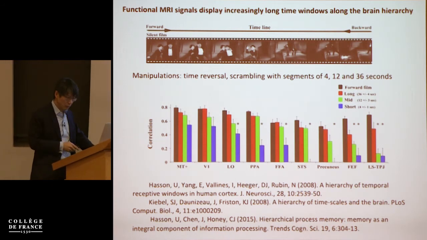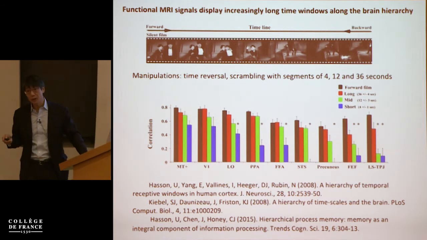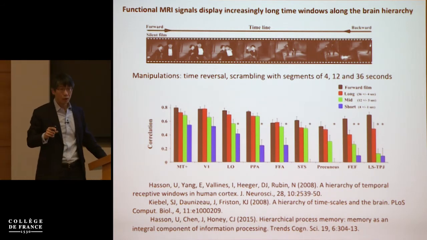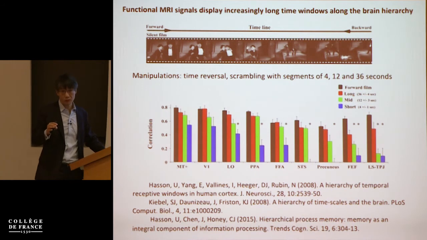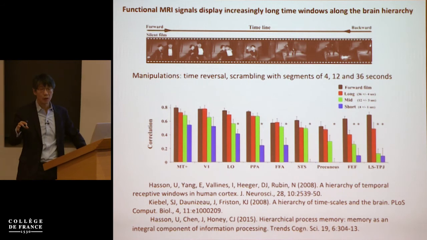So mathematically, you can ask the question: what are the properties that are required for this hierarchy of time constants? It's really not trivial, for two reasons. One is, how do you get this broad range of time constants? Secondly, I told you that the connections are dense, right? About 65% of connections are present.